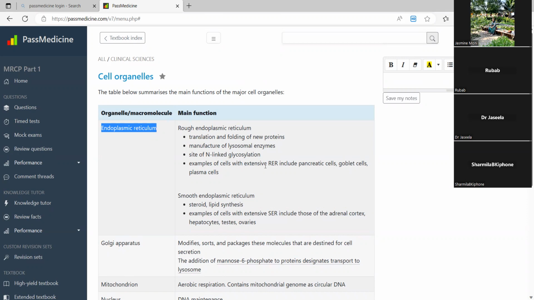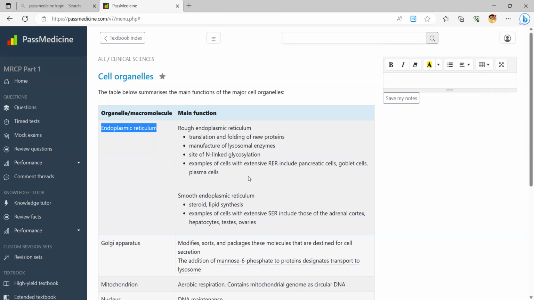Examples of cells with extensive rough endoplasmic reticulum include pancreatic cells, goblet cells, and plasma cells. Sometimes they ask which kinds of cells have a very extensive amount of rough endoplasmic reticulum.